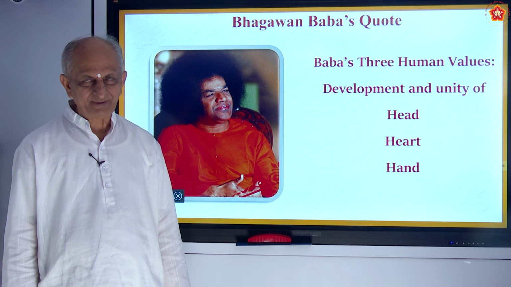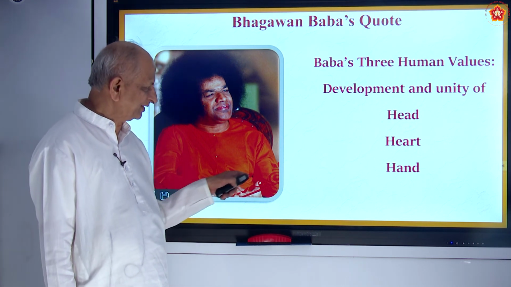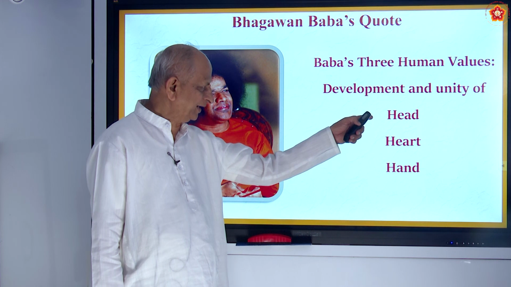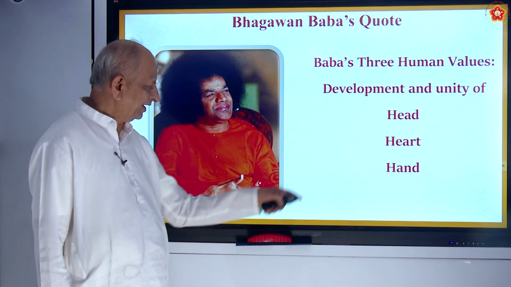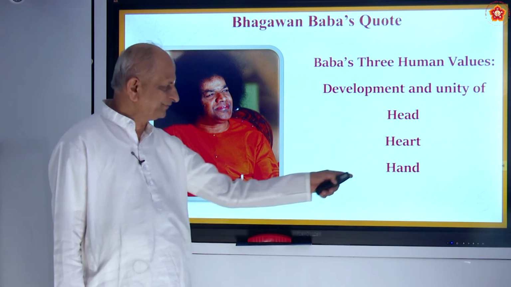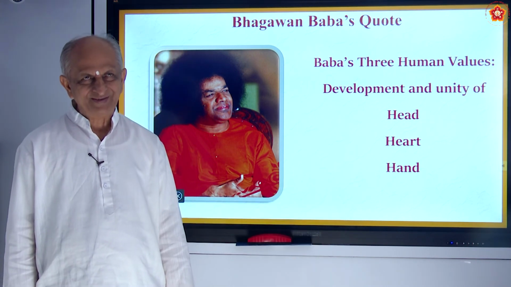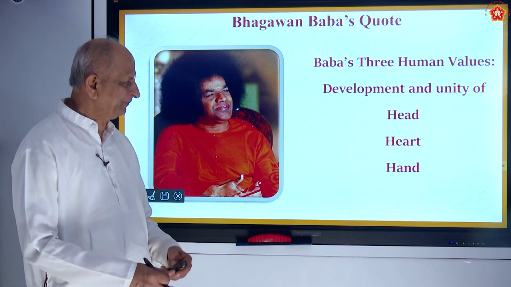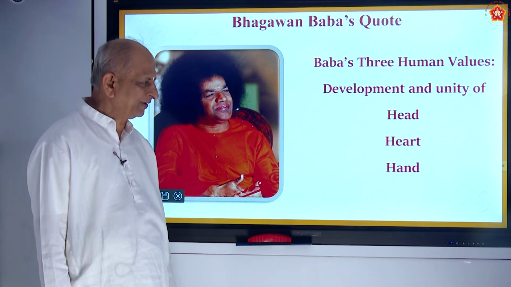Manasekam, vachasekam, karmanyekam, mahatmanaha. Also in one of his speeches he has told that one should have the head of Shankara, Advaita, the heart of Buddha, compassion, and the hand of Janaka, Karma Yoga. So there should be unity between the head, heart and hand. That is the message of Bhagwan Baba.